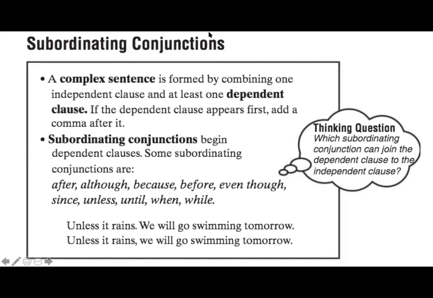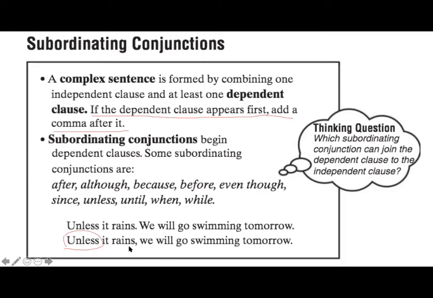Something that's really important that we need to remember is if the dependent clause appears first in the sentence, add a comma after it. For example, here is my subordinating conjunction, unless. It is beginning my dependent clause. It rains. It rains doesn't make any sense if we take it away by itself.